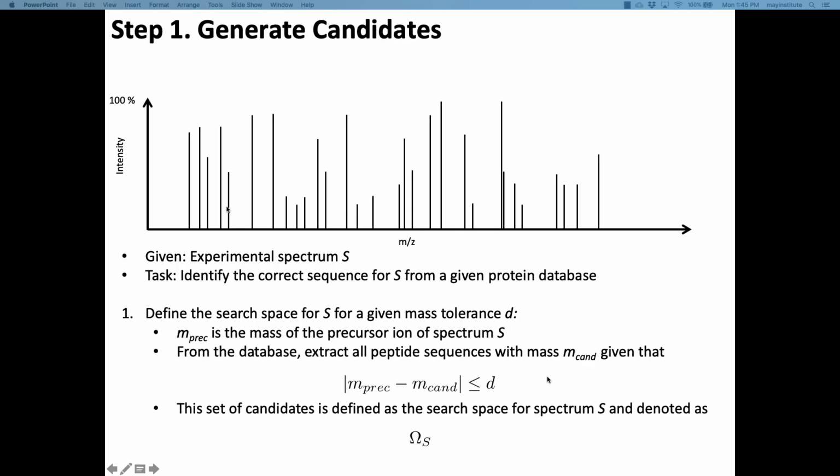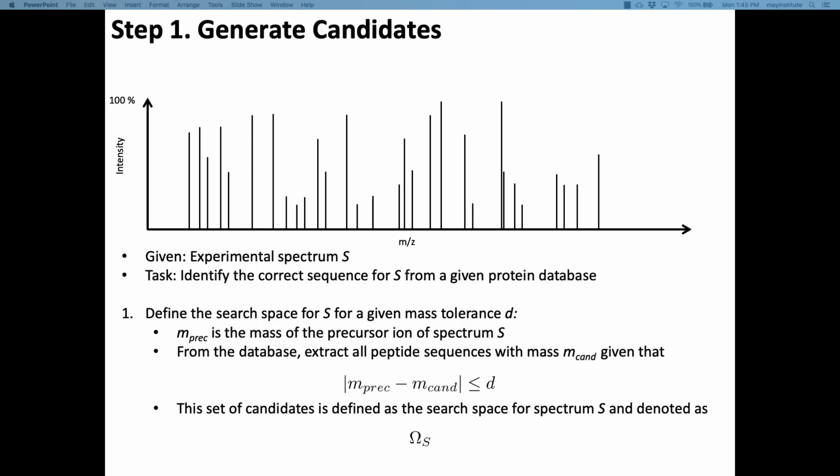So let's look at the candidate generation. What we're given is an experimental spectrum, say S, and the task is now to identify the correct sequence for S, given the protein database. So we can define a search space for this sequence S, given a mass tolerance D. Let's assume we know our mass spectrometer is accurate to, say, 20 ppm.